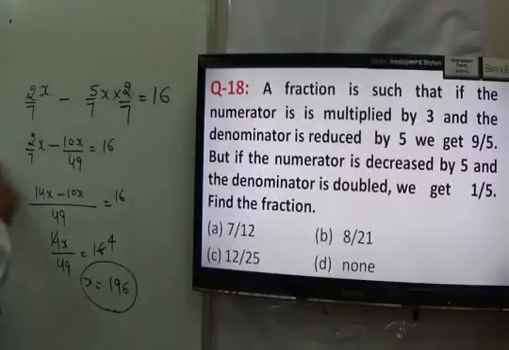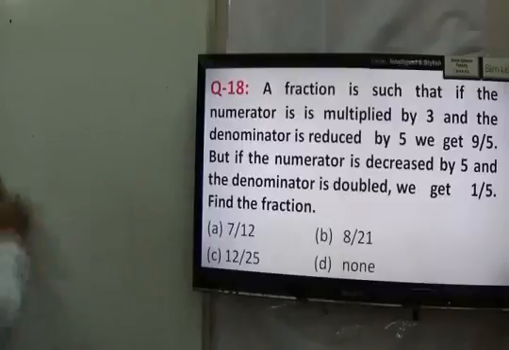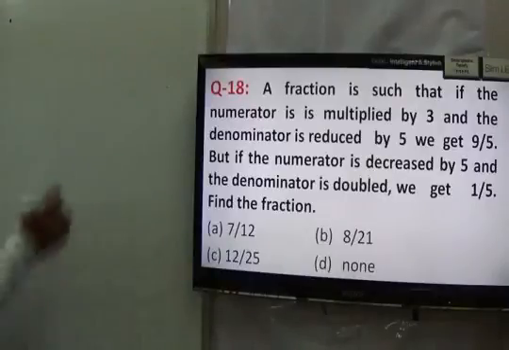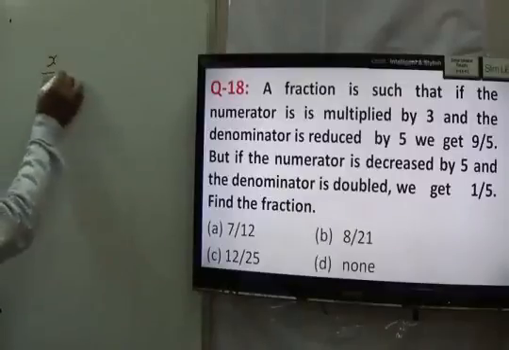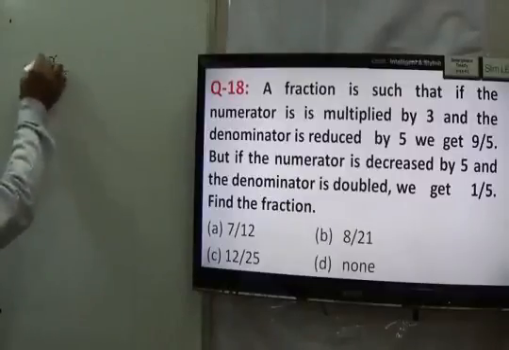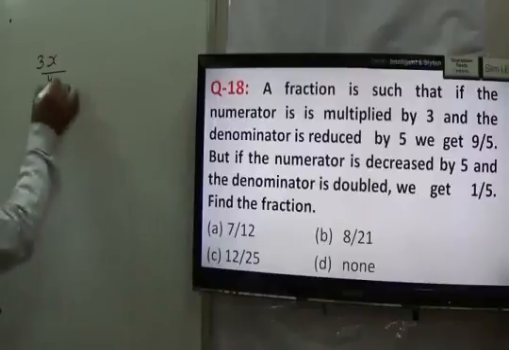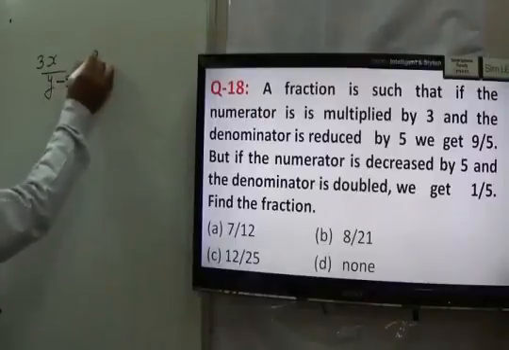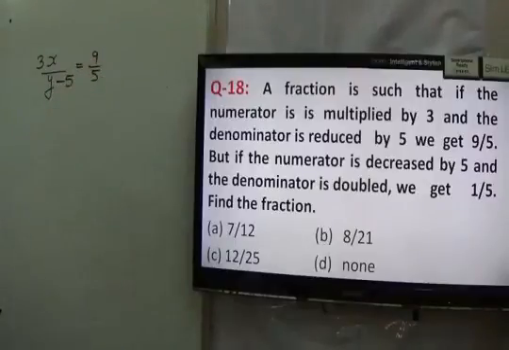Then you have question number 18. What this question talks about: a fraction is such that the numerator is multiplied by 3 and the denominator is reduced by 5. Suppose my numerator is x and denominator is y. Numerator is multiplied by 3, 3x, denominator is reduced by 5, the fraction becomes 9/5. That's my first case.